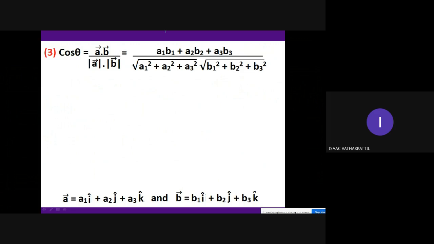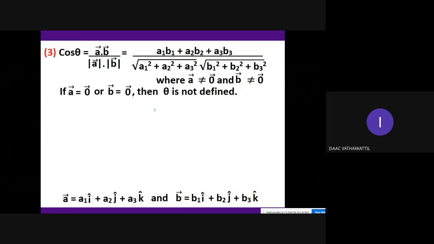Magnitude B. Correct? And cos theta will be A dot B upon magnitude A magnitude B. Cos theta will be 0 means A1 B1 plus A2 B2 plus A3 B3, the numerator, will be 0. That means the two vectors are perpendicular if A1 B1 plus A2 B2 plus A3 B3 is 0. This is valid only when A and B are non-zero vectors. If A equal to 0 vector or B equal to 0, then theta is not defined.